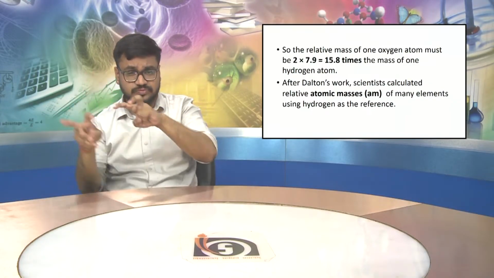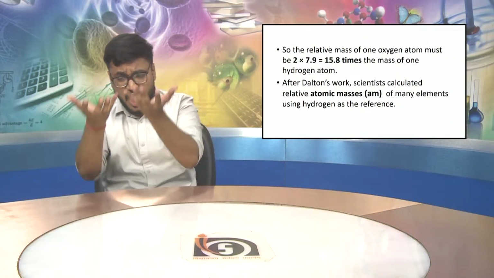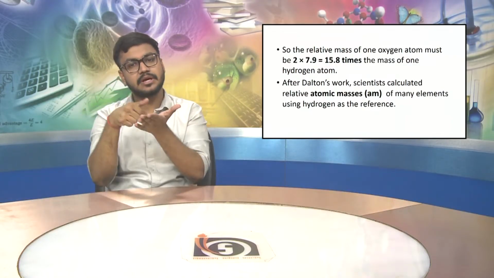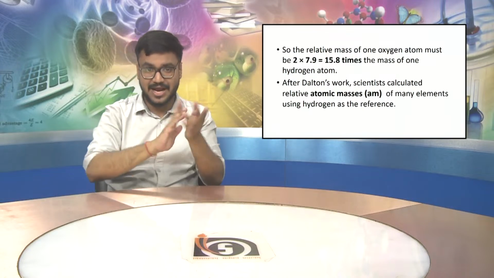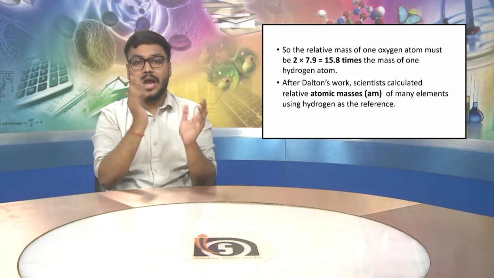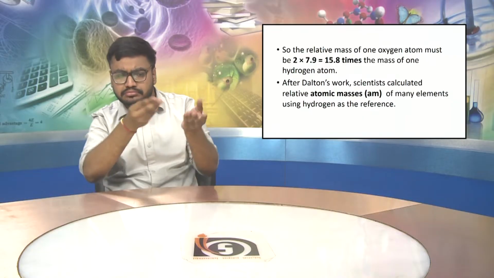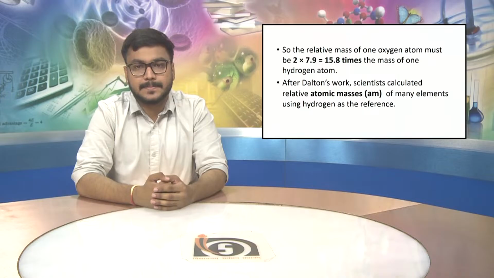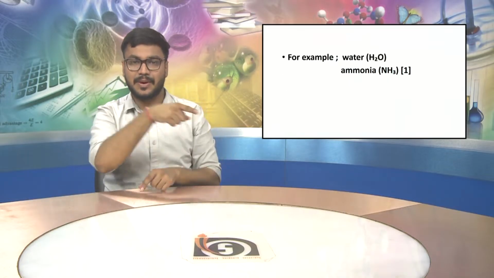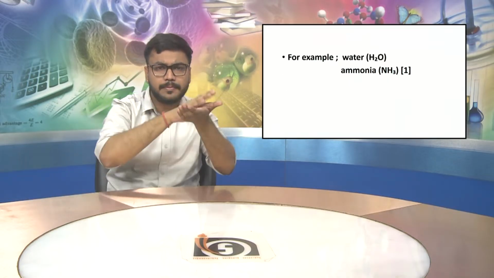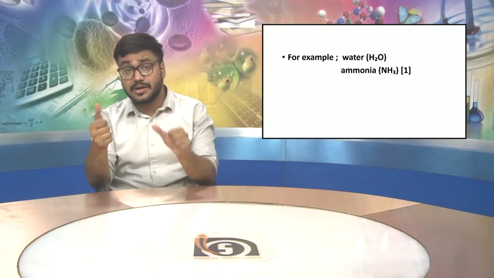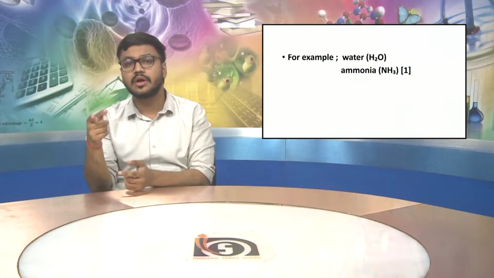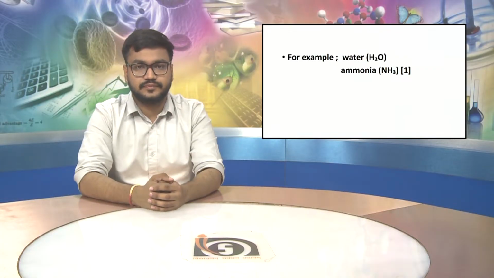After Dalton's work, scientists calculated relative atomic masses of many elements using hydrogen as the reference. For example, water, which is H2O, and ammonia, which is NH3.